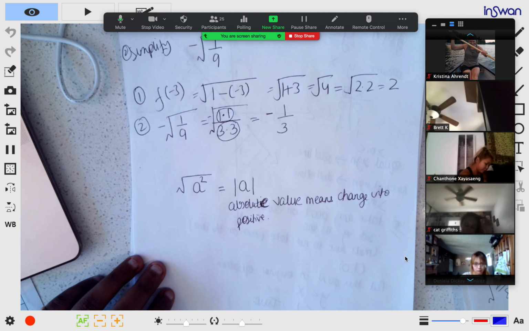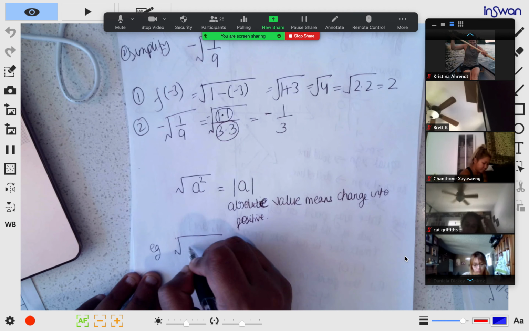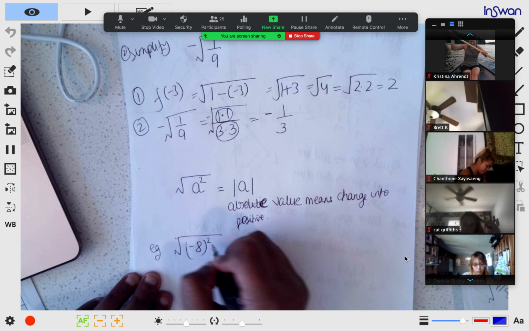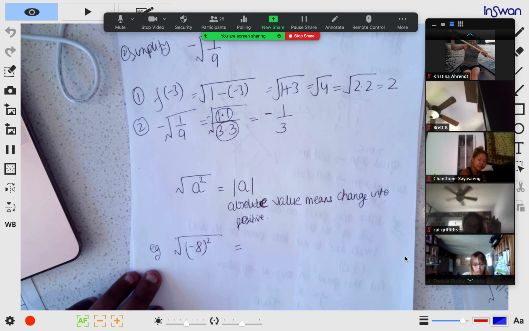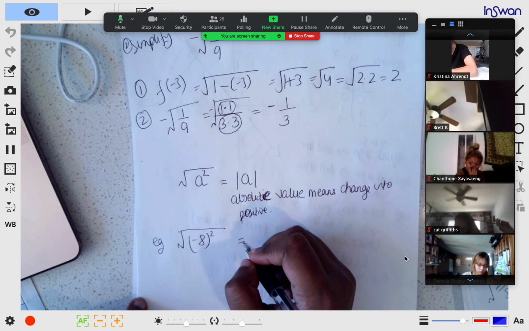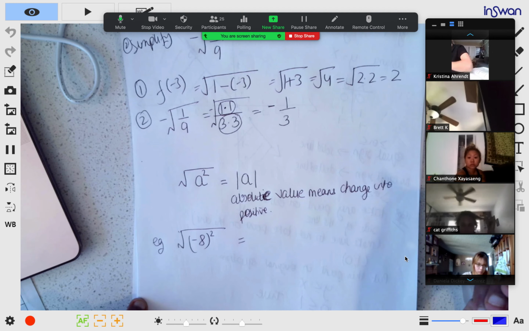So for example, say find the square root of negative 8 whole square. I know the square and square root are going to cancel, since they're opposite, like plus and minus are opposite, multiplication and division are opposite.